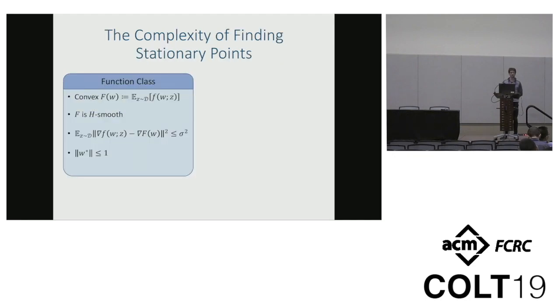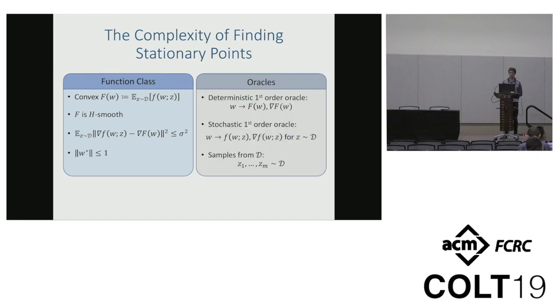We consider a stochastic convex optimization problem where the objective is the expectation over some unknown distribution, and where the population objective is H-smooth, meaning that the gradients are H-Lipschitz. We consider optimization under three types of access to the function. We have first order access to the objective itself.